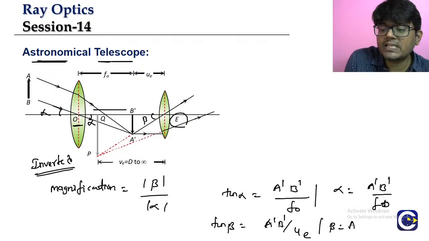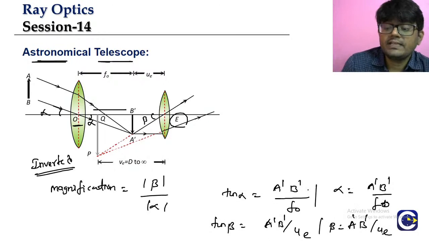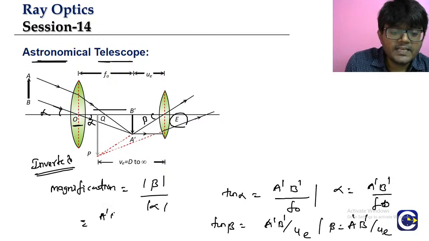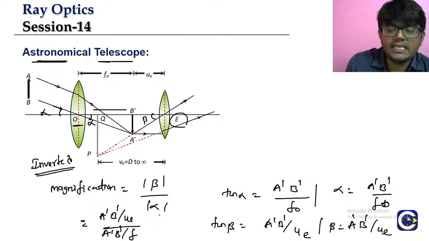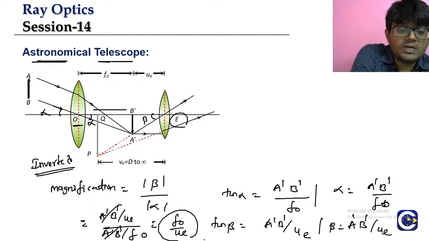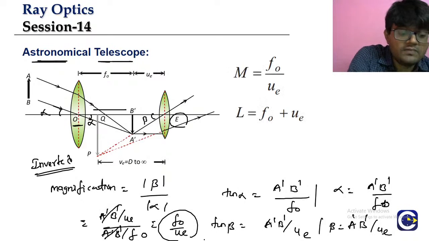Means we'll take beta as A dash B dash by UE. So look at this. We will do mod beta by alpha, right? Which is A dash B dash by UE divided by A dash B dash by FO. So what we'll get? FO by UE. What is the magnification? FO by UE.